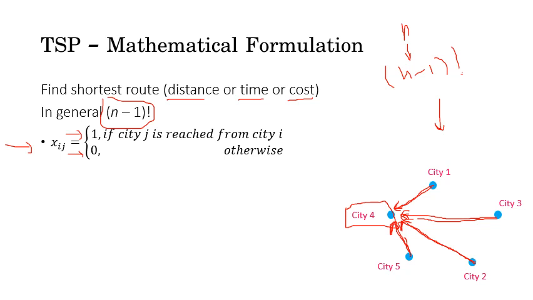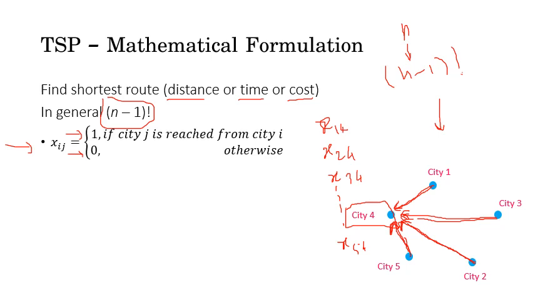Okay, so if I write for city 4 xij, so we are reaching city 4, hence j is 4, and x14 means city 4 is approached from city 1. Similarly, x24, x34, and so on up to x54.